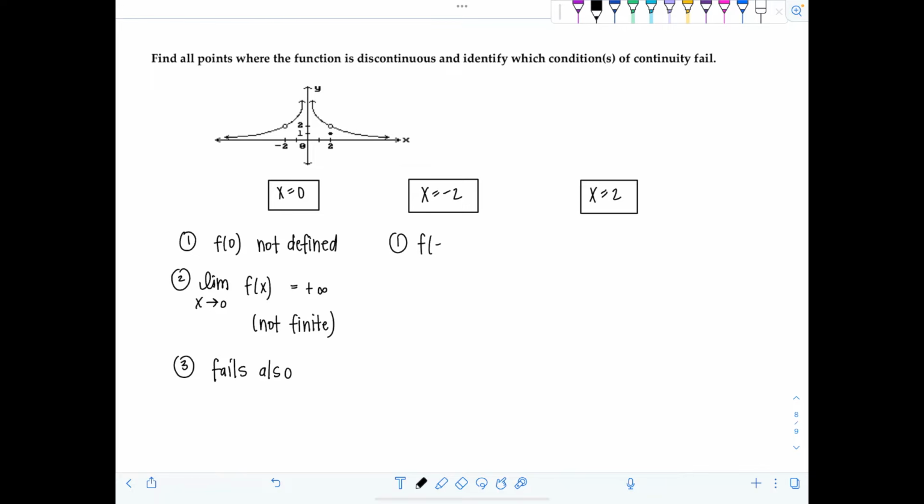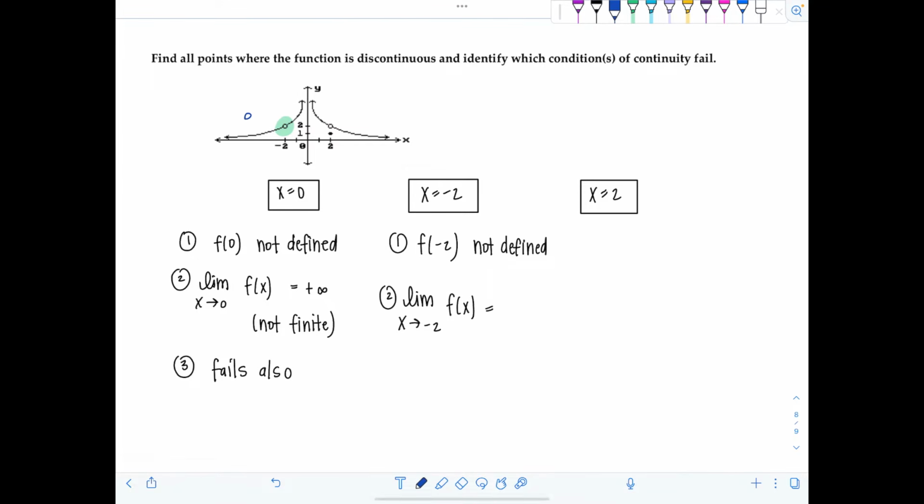Okay, what about x equals -2? So what is f of -2? Do we have a function value? No, we have an open circle. Not defined. Can we figure out what the limit is as x approaches -2? Yeah, actually we can.